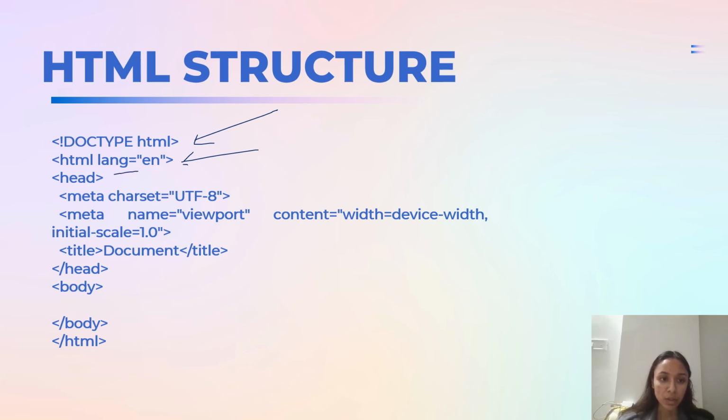Then the head tag which stores the metadata which appears on top of a website. Then comes the title which basically comes at the top of the tab and tells us what the name of the particular website or web page is. Then the body consists of everything that will appear on the browser or the document area, and the HTML closing tag tells us that this is the end of the HTML document.